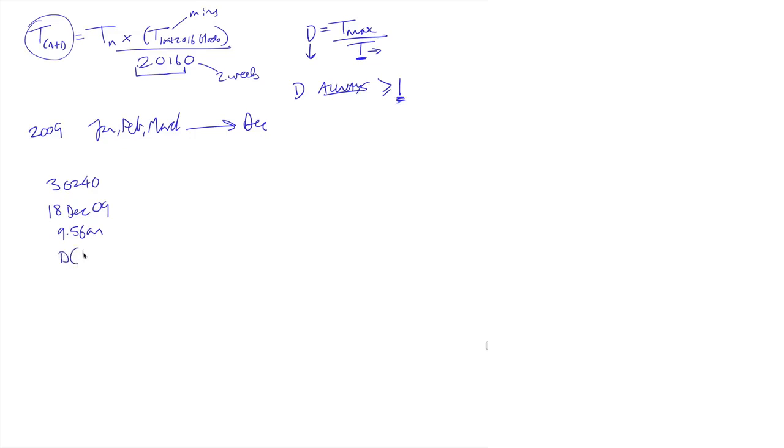So up to that point, every single set of 2016 blocks had taken more than 2 weeks to generate.